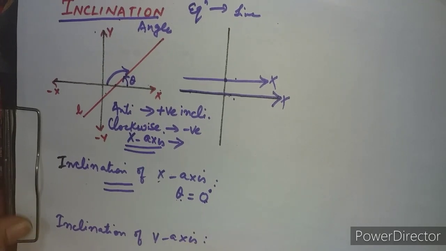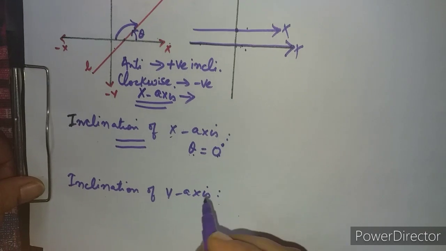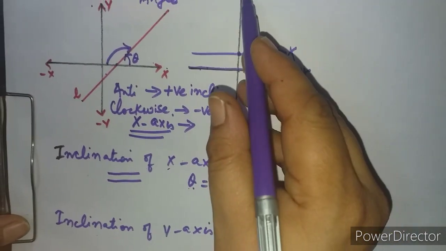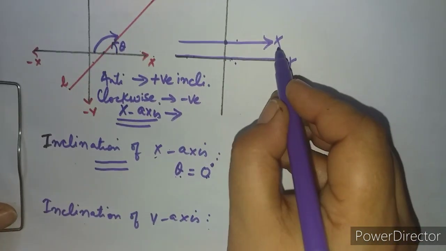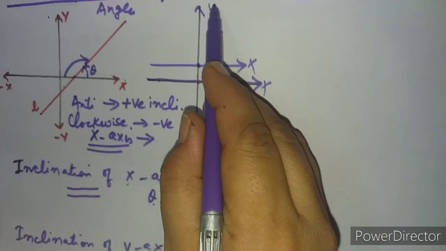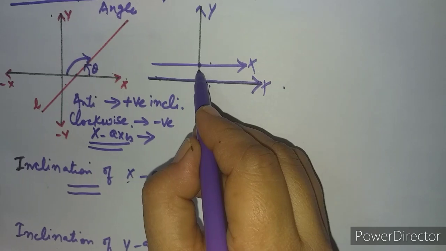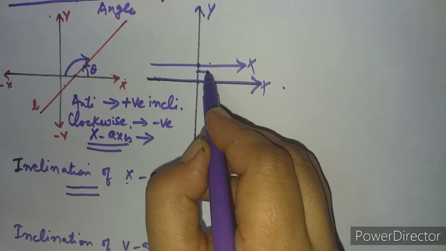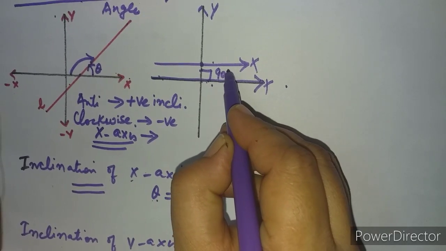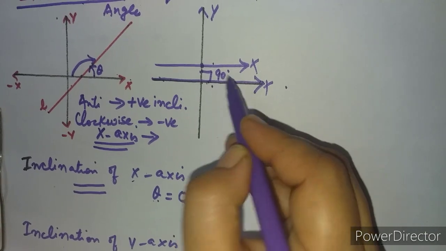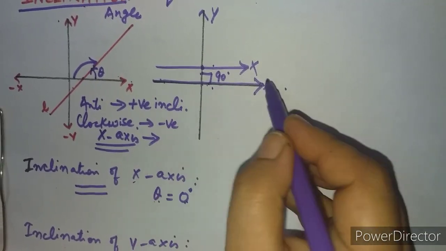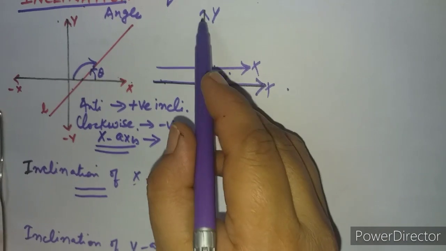Next, what is the inclination of the y-axis? For that I have drawn the y-axis here. All of you know the y-axis is the vertical line and the x-axis is the horizontal line, and the angle the y-axis makes with the x-axis is always 90 degrees.